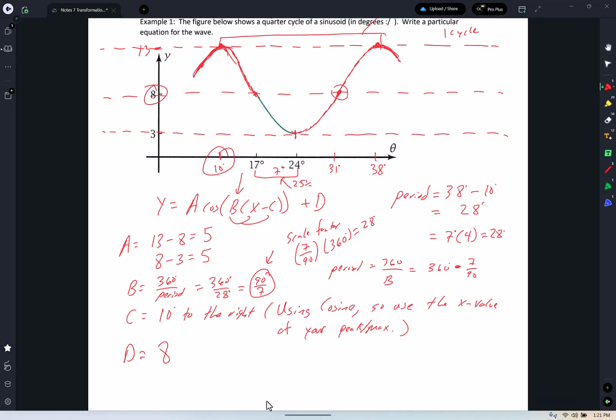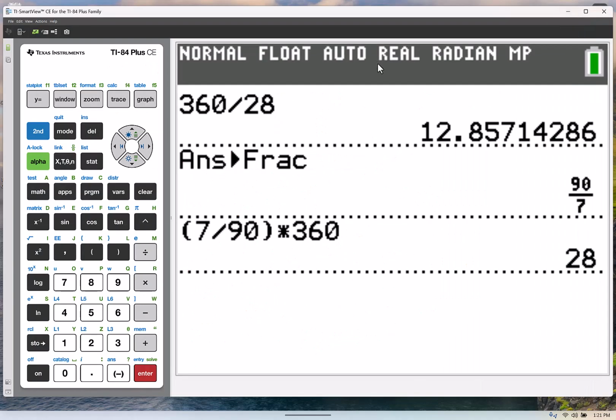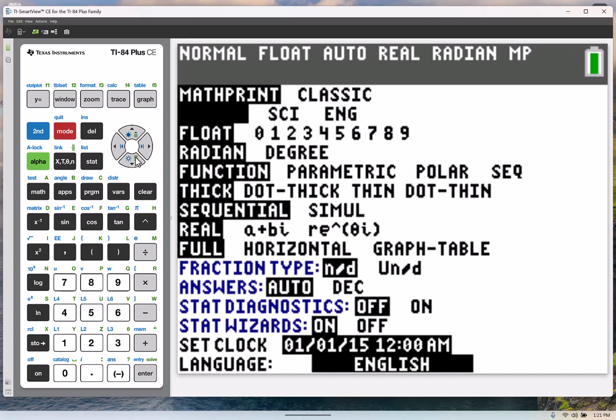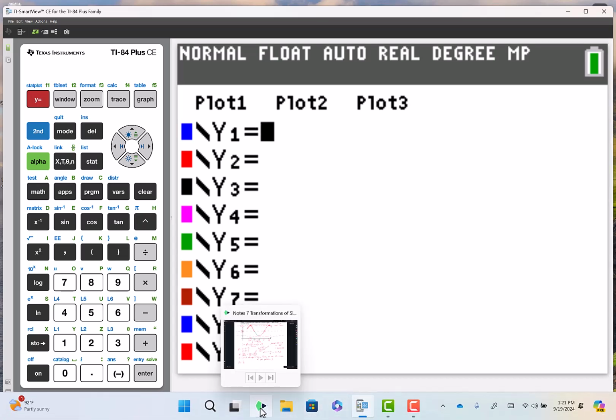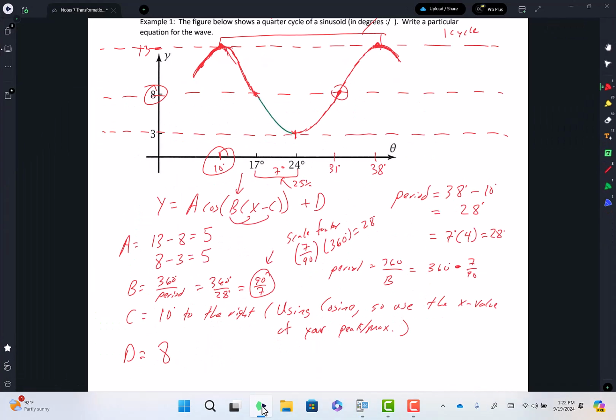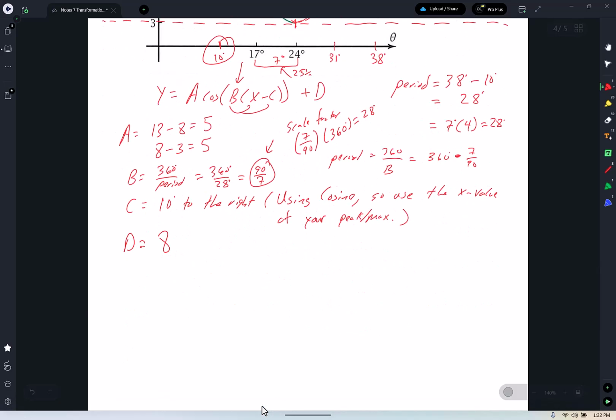All right, you already know what I'm going to do. I'm going to type it into the calculator. So take your calculator. What mode should it be in? Degree. And I'm going to go y equals on y1. Yeah, reset it because there might be a whole bunch of junk in there. You guys know how to reset? Okay. I'm going to type in, what am I going to type in? I didn't even create the equation. y equals 5 cosine, parenthesis, 90 over 7, open parenthesis, x minus 10 degrees, close, plus 8.